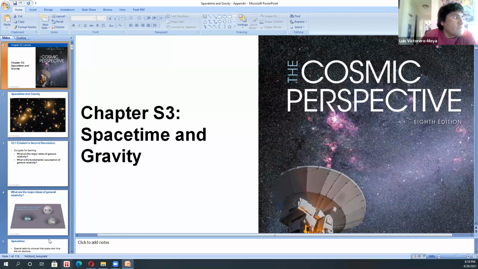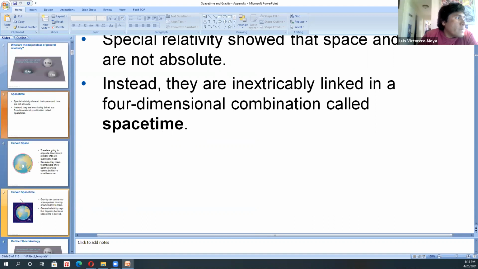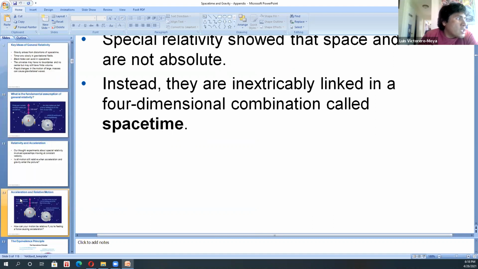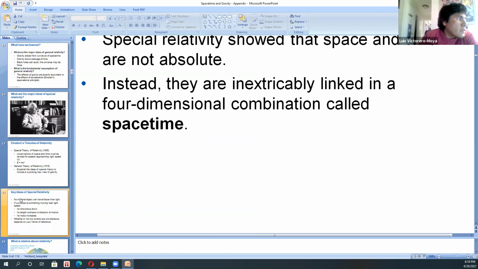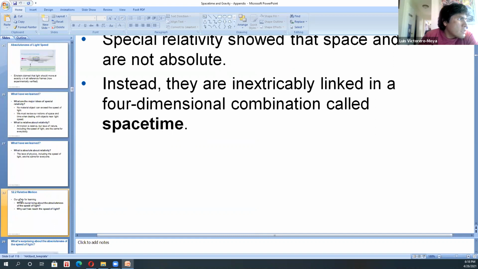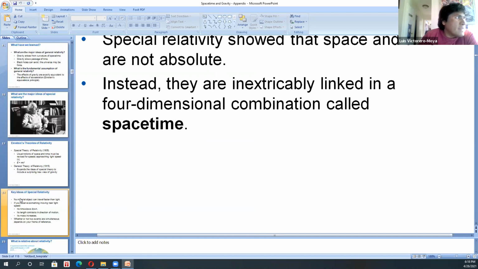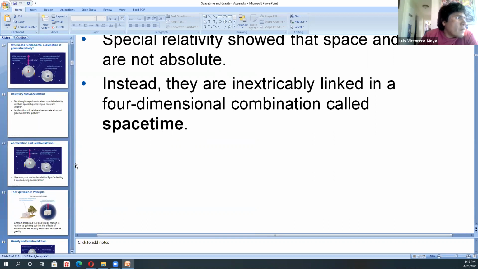So space-time is the whole four-dimensional combination of space, X, Y, and Z, and time. That will be your four dimensions, which you can write as X, Y, Z, and T. Okay.